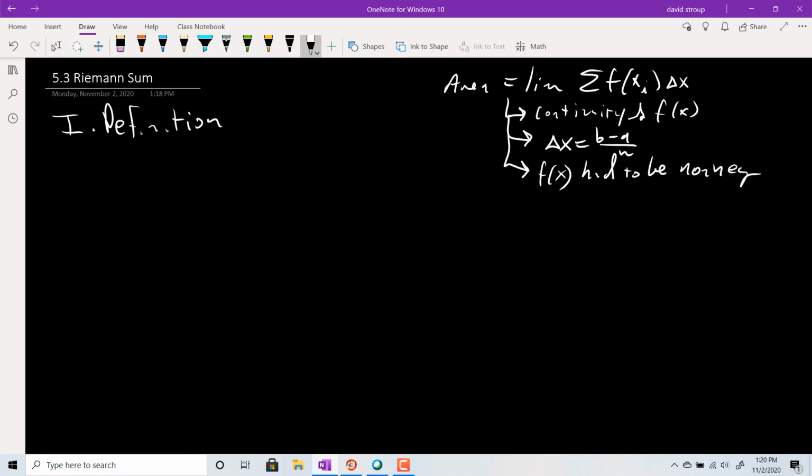Continuity is something we'll usually assume for integrability, but for right now, we just want the function to be defined, and then we'll redefine change in x to be more variable, looser, if you will, and we'll allow f to be negative if we need to. Okay, so anyways, let's get to the definition.